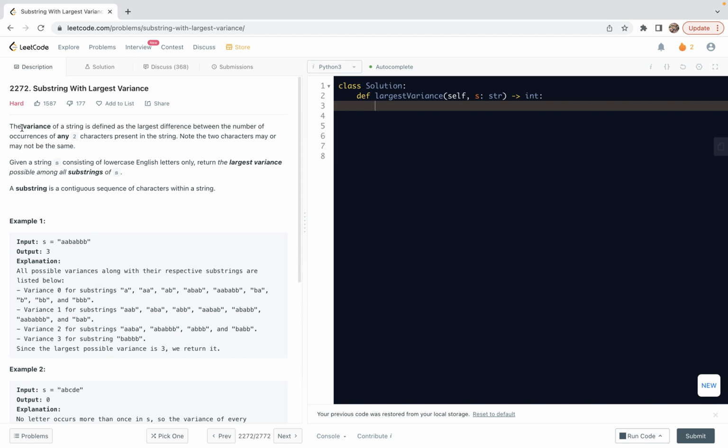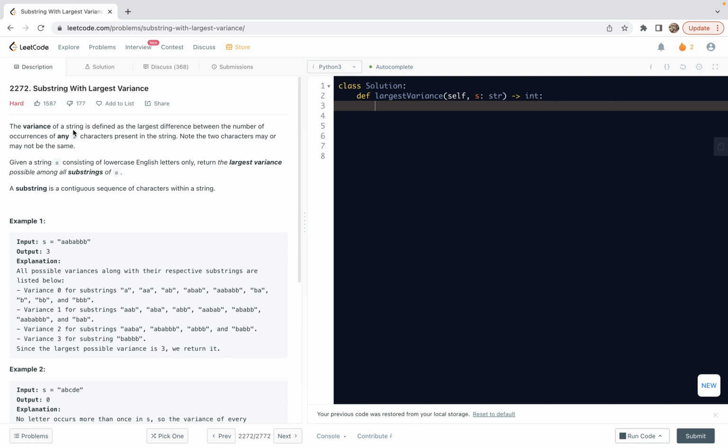Here, the first paragraph is a definition: the variance of a string is defined as the largest difference between the number of occurrences of any two characters present in the string. Note that the two characters may or may not be the same, but if the two characters are the same, then the variance induced is 0, right?